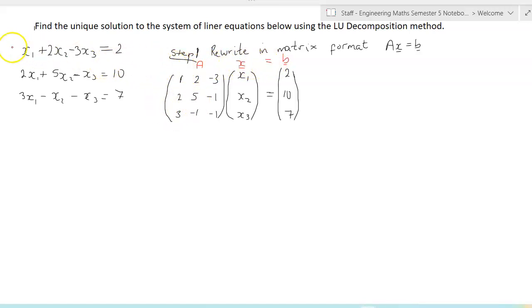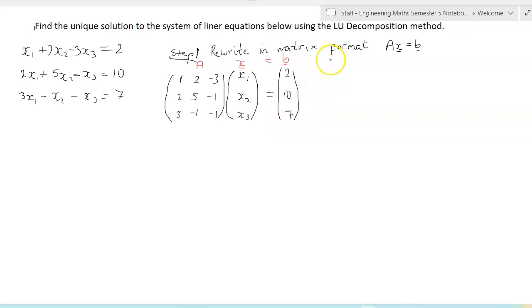So A is the coefficients 1, 2, minus 3, 2, 5, minus 1, 3, minus 1, minus 1. And X is just the x variables, x1, x2, x3, equals our solutions to these equations, 2, 10, and 7, which are matrix B.